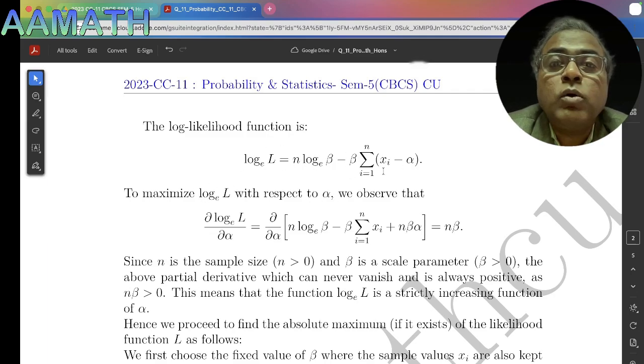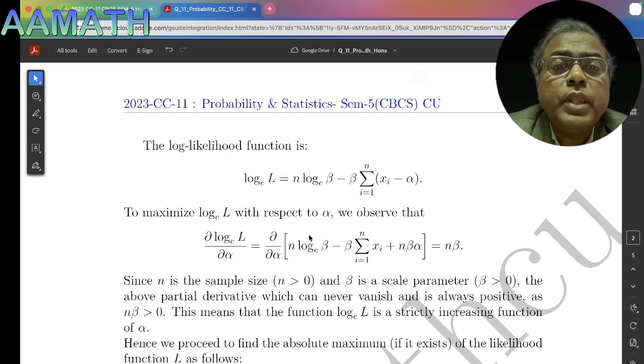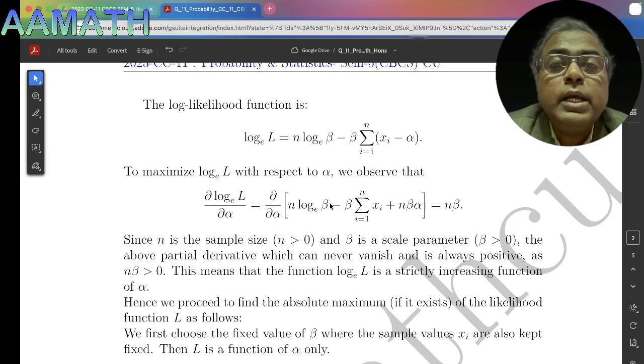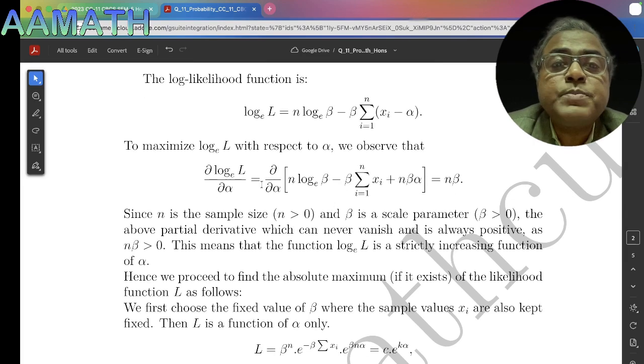Here n is constant and all xi are constant. So the partial derivative with respect to alpha is n times beta, since only the alpha term, the last term, contributes.